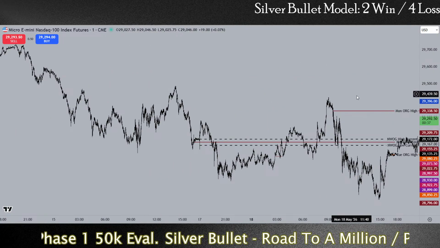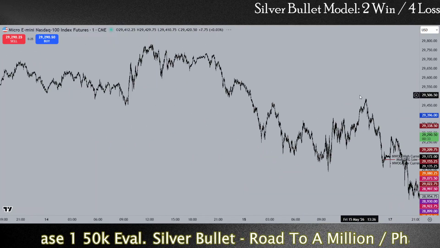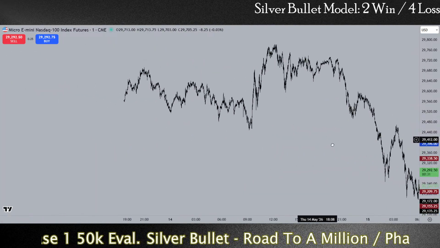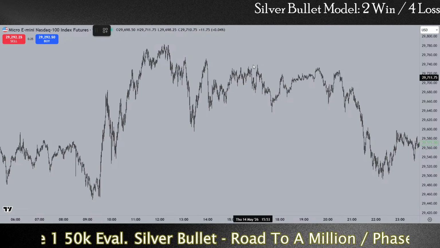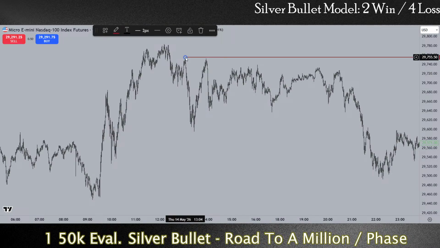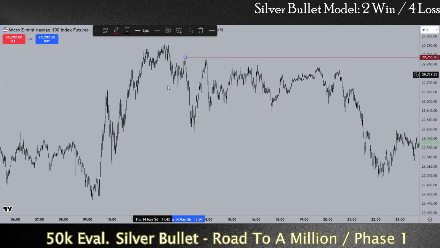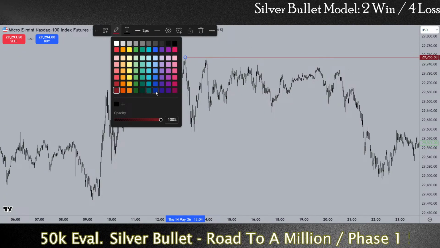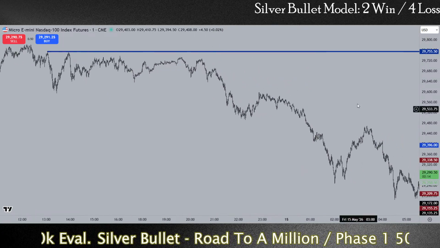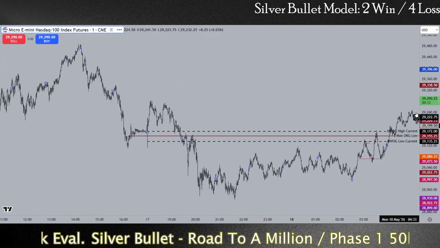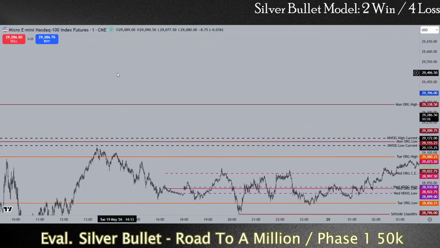Have some buy side here, relative equal highs still. And I honestly love this pool of buy side liquidity right there on Nasdaq. Look at this smooth, huge, enormous pool of buy side liquidity. That's probably not for today.